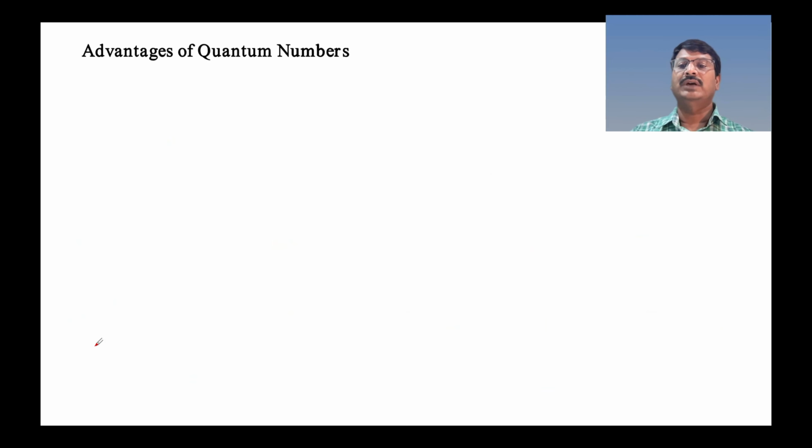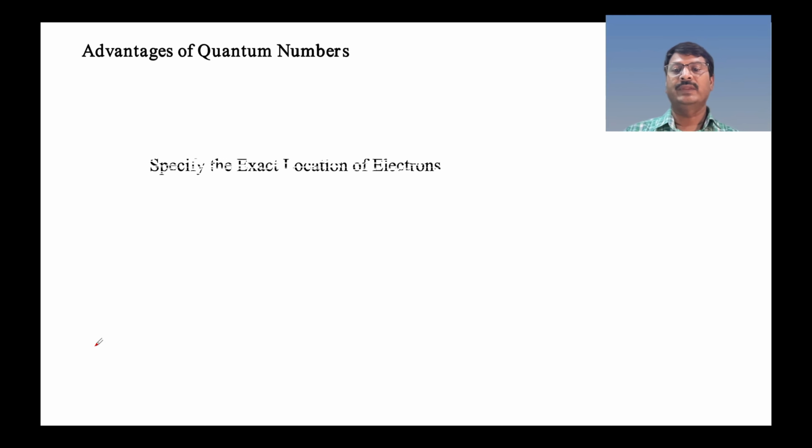Let us come to the advantages of the quantum numbers. By using the quantum numbers, you can specify the exact location of the electron. That means in the atom, every electron has its exact location. According to that location, you can write the 4 quantum numbers. And one more thing, no 2 electrons have the same 4 quantum numbers.